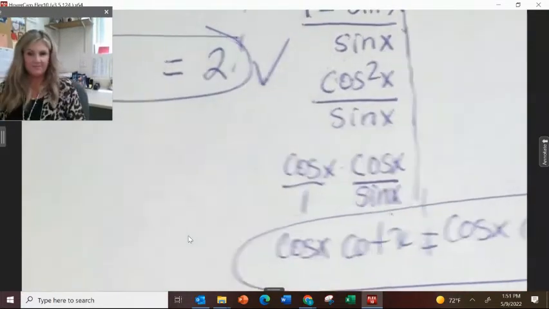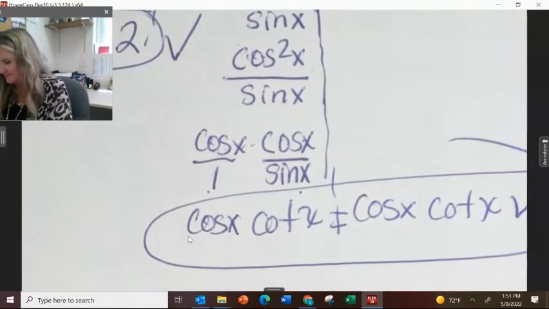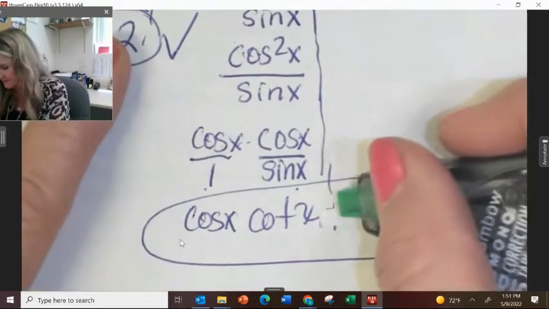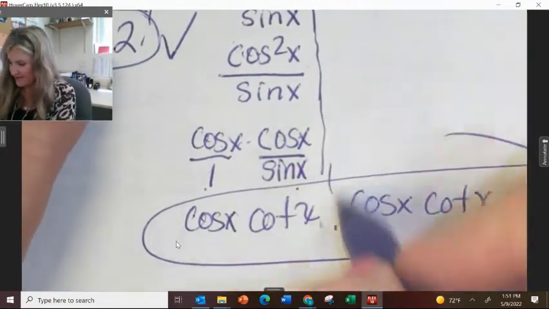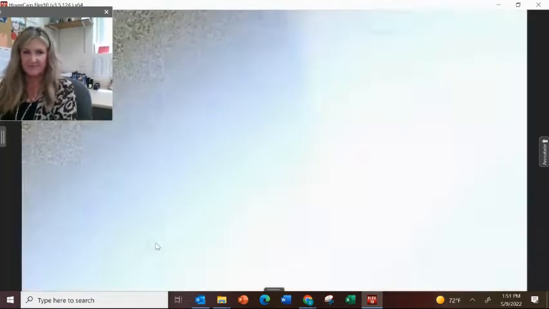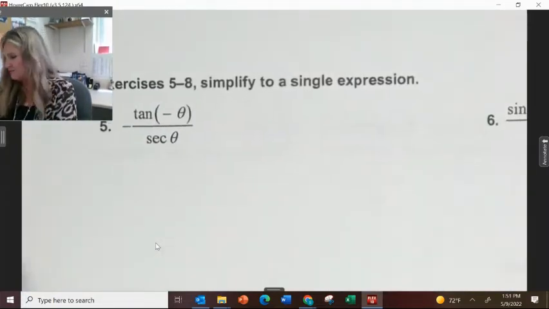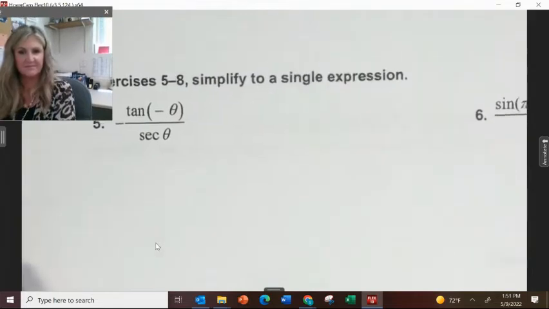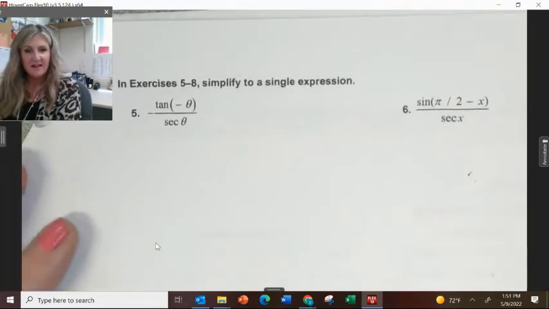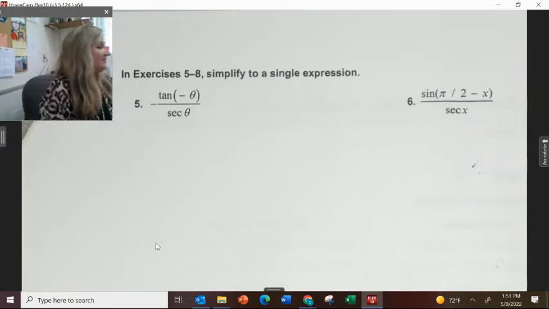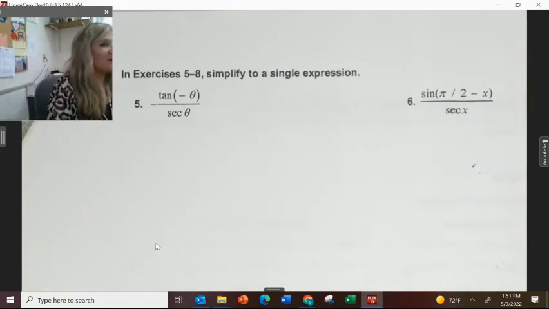There we go. Okay. Let's flip over. Now, I always like when it says to verify, because I know where I'm trying to go.